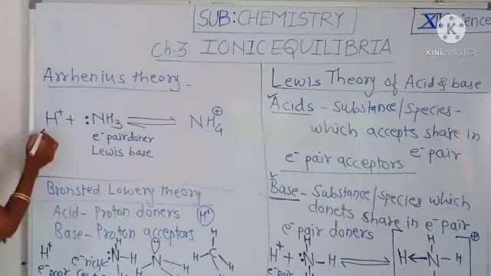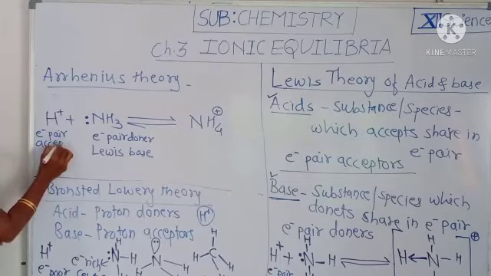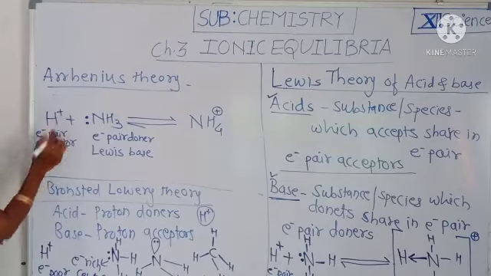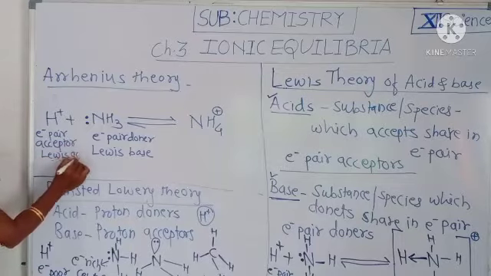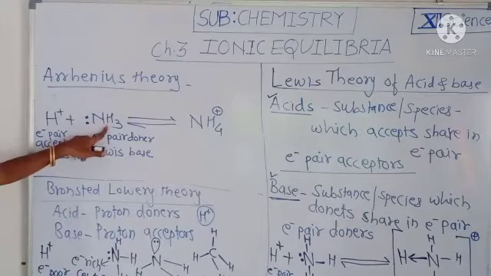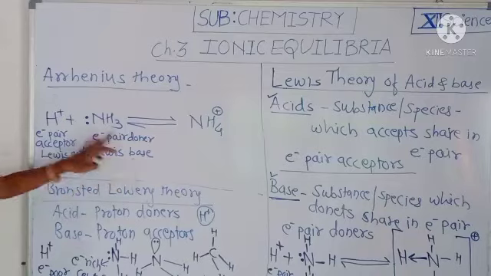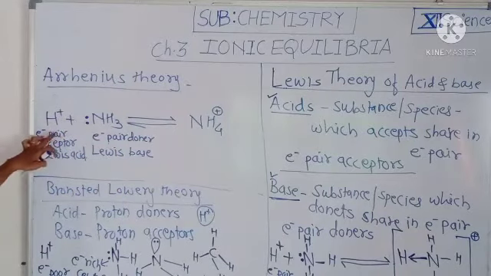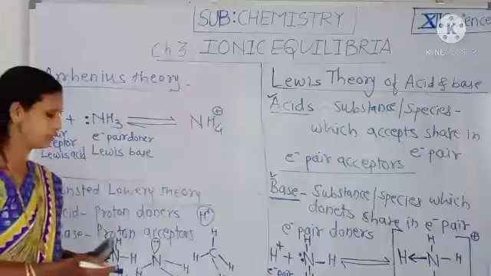And H plus ion is electron pair acceptor. Therefore, it acts as a Lewis acid. According to Lewis theory, ammonia is an electron pair donor, therefore it is a Lewis base, and H plus ion, which is an electron pair acceptor, acts as a Lewis acid.